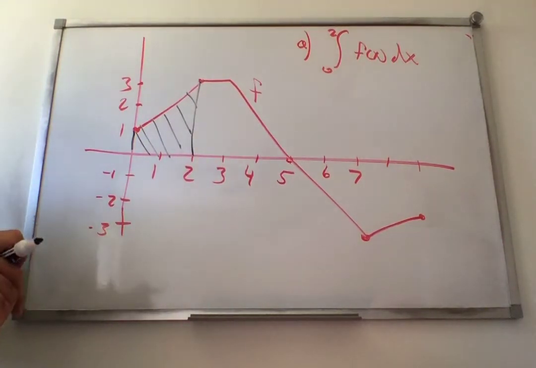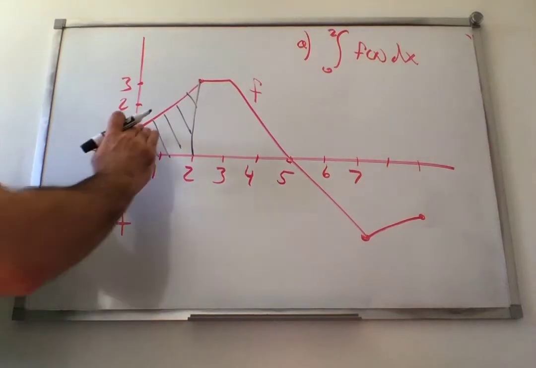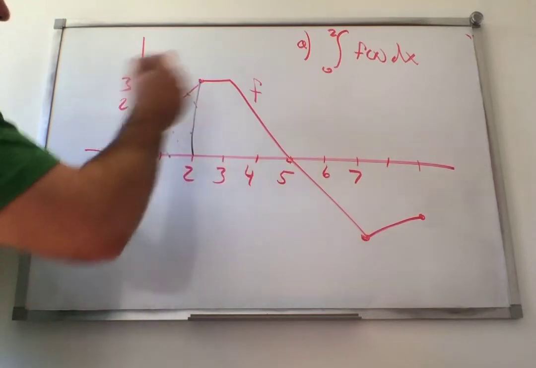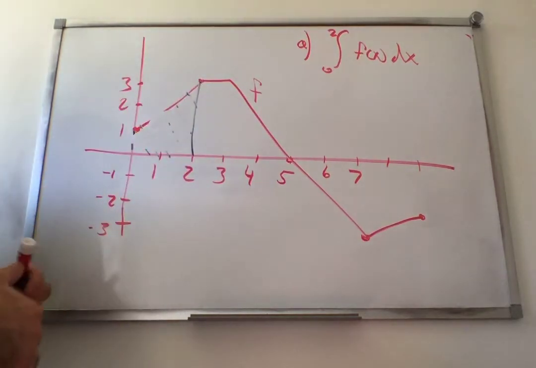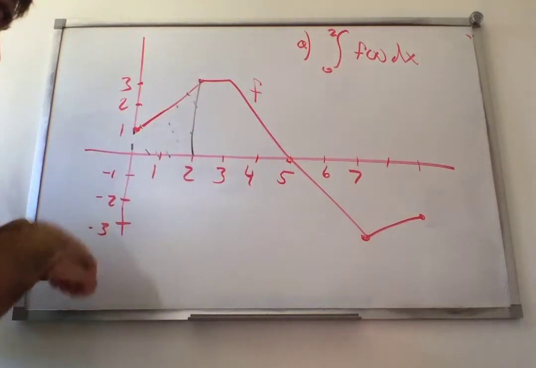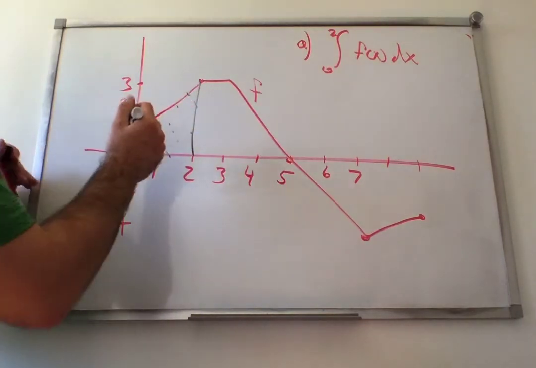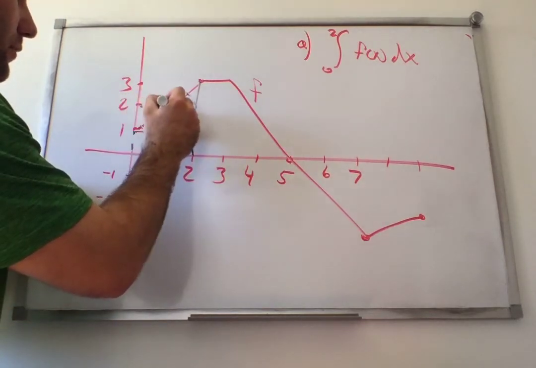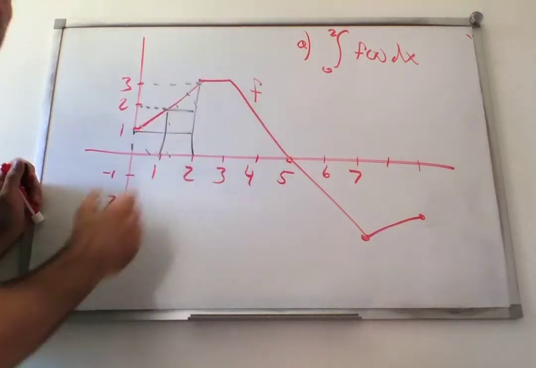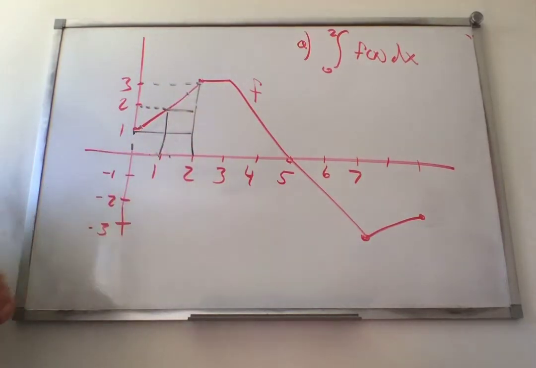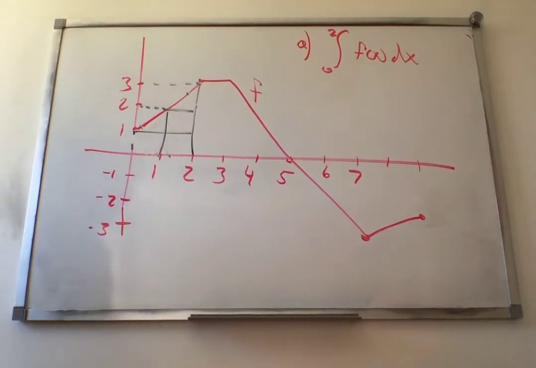Now, this area is not hard to find, especially in the graph that they gave you, because it is gridded up really nicely and you can count the grid. Since it's gridded up really nicely, it makes counting really easy.